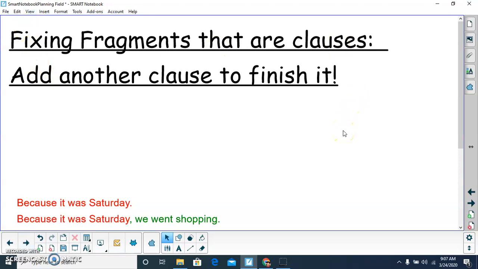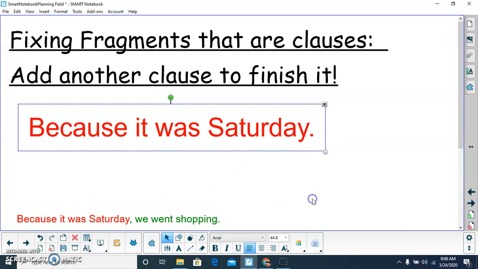Remember, a clause has a subject and a verb, but a clause that's not finished is usually a dependent clause, like, because it was Saturday. Here we have a subordinating conjunction, the subject, the verb, and even a direct object. But that doesn't sound done, does it?